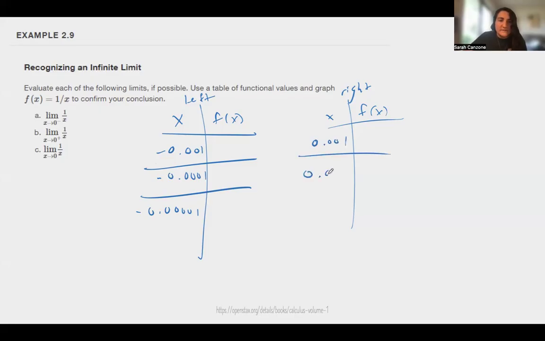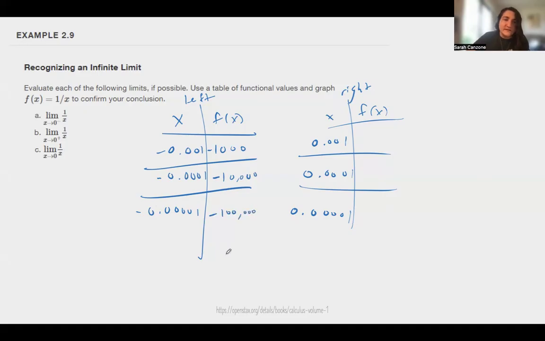0.001, 0.0001, and then 0.00001. All right, now if you were to divide 1 by negative 0.001, what we get is negative 1,000. 1 divided by negative 0.0001 is negative 10,000. And 1 divided by this guy here is negative 100,000.